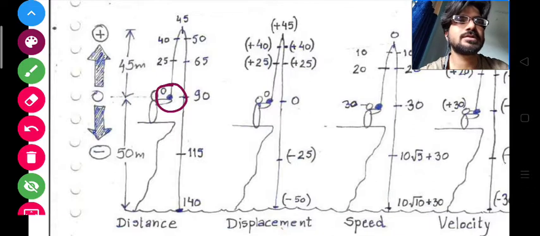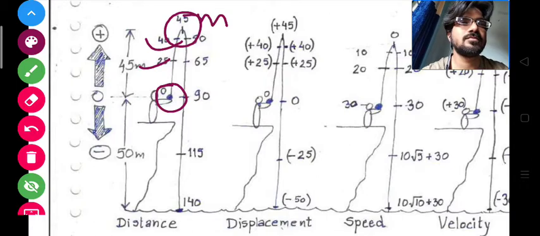Let's say it goes up to a 45-meter height, covering 0, 25, 40-meter distance. This is distance: 45 meters to its maximum height, and then it will come back.